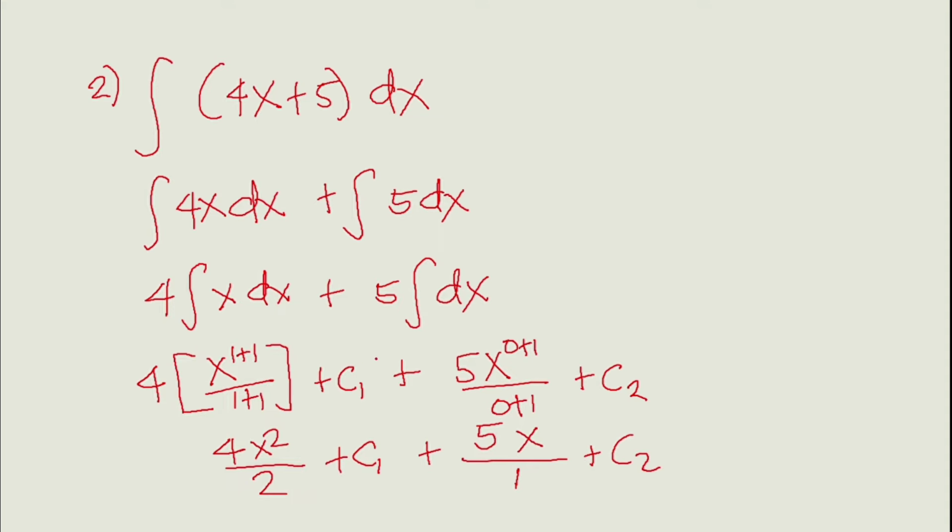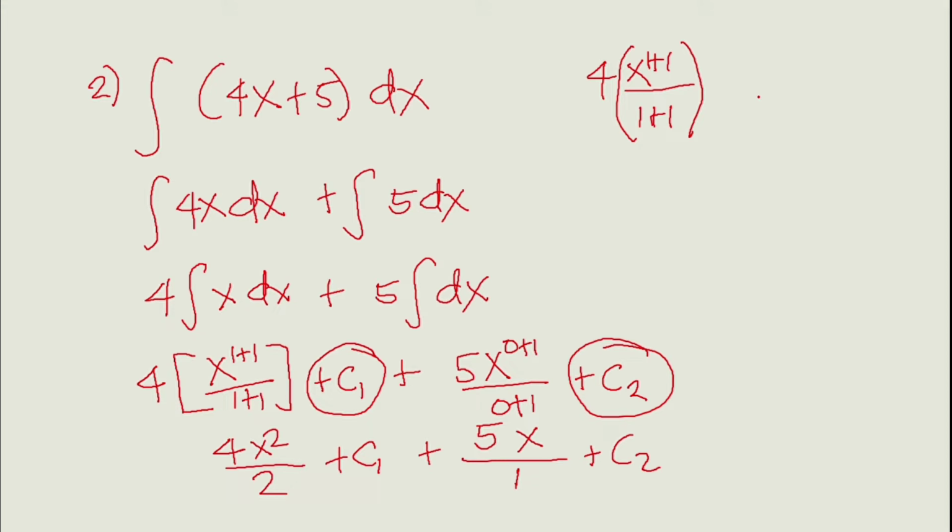Since c1 and c2 are both constants, we could simplify by using just one big C, because it's stated that constants can always be combined into a single constant. So our big C is equal to C1 plus C2.